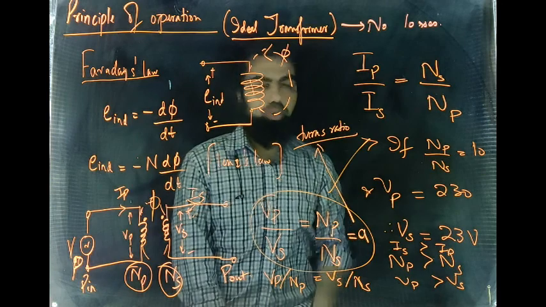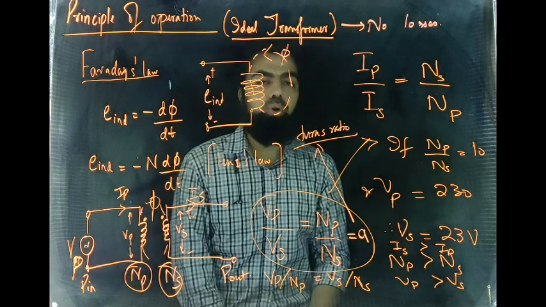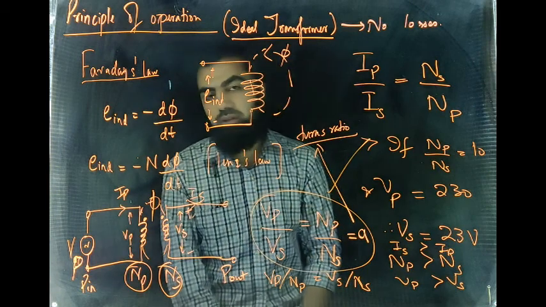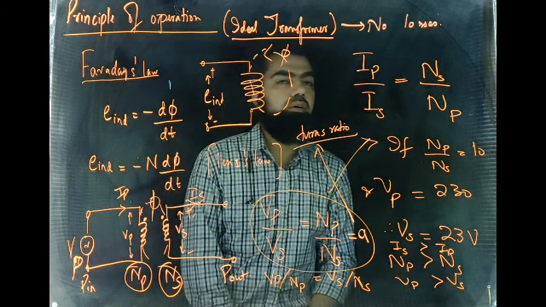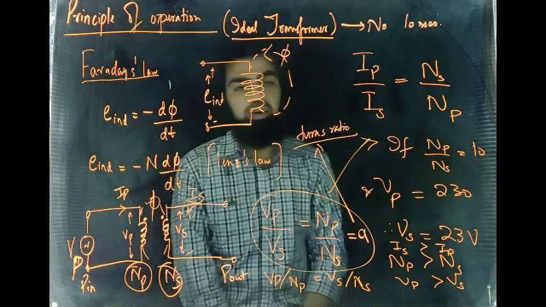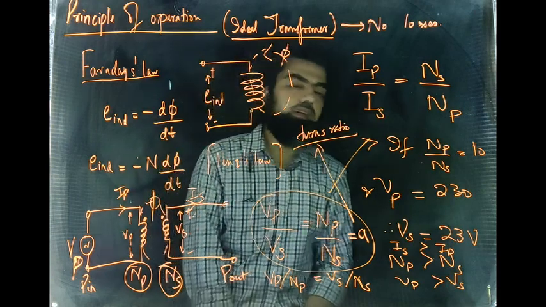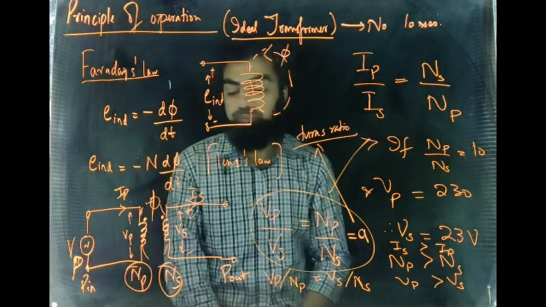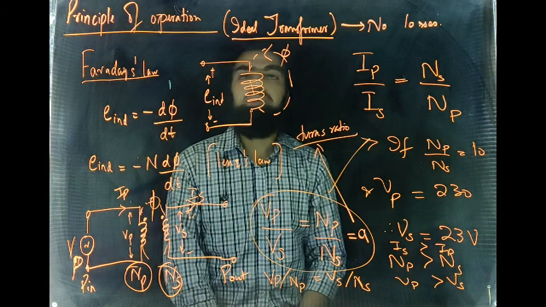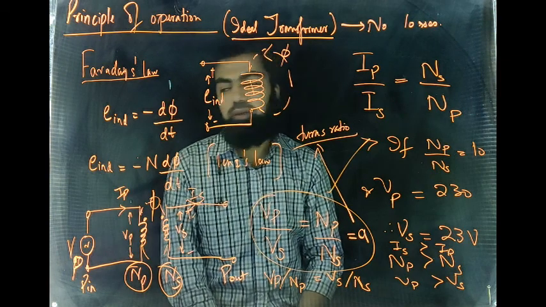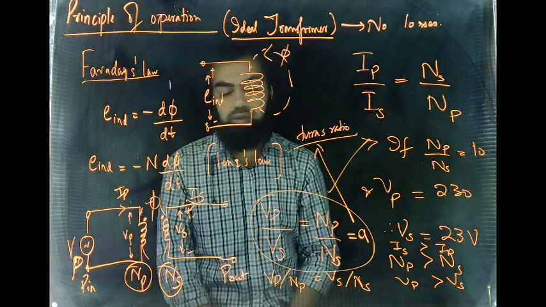No loss means there is no core loss, there is no copper loss, there is no flux being lost in this system, and whatever amount of power is being fed to the primary windings, the same amount of power is being received through the secondary winding outputs. So this is all about the ideal transformer operation. We'll be doing the practical transformer, the real time transformer, in the next session.